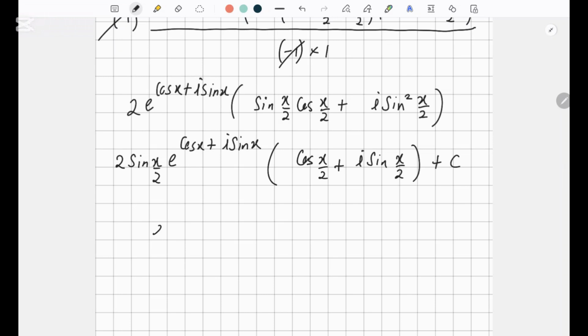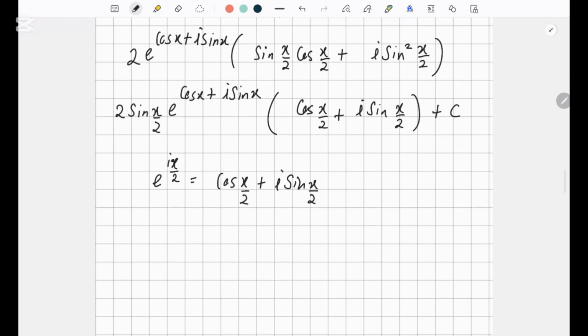Previously I wrote e to the power ix equals cos x plus i sin x, right? So if this is cos(x/2) and sin(x/2), this would be ix/2, right? So now you could write 2 sin(x/2) e to the power (cos x + i sin x) into e to the power ix/2 plus c.